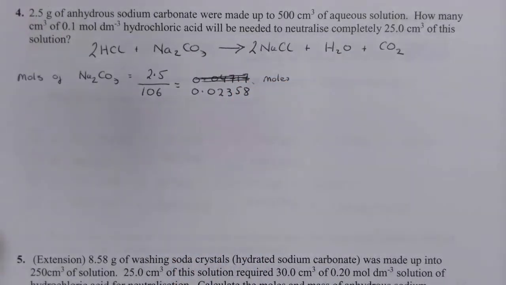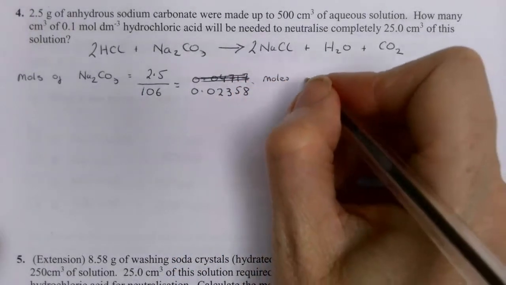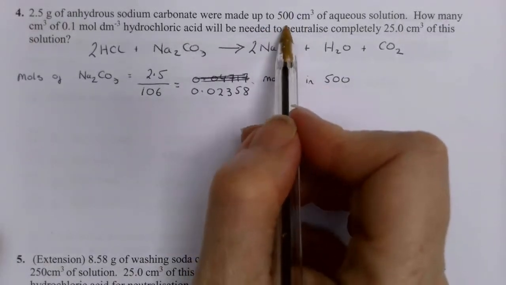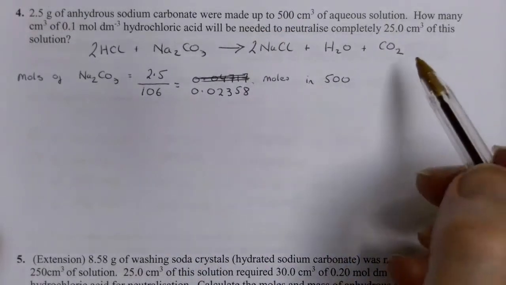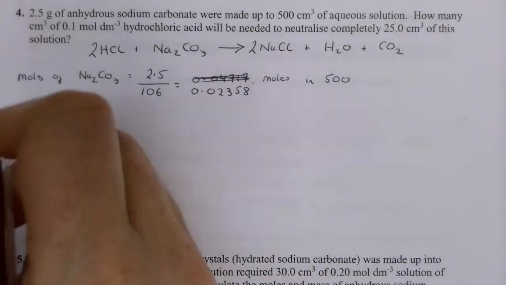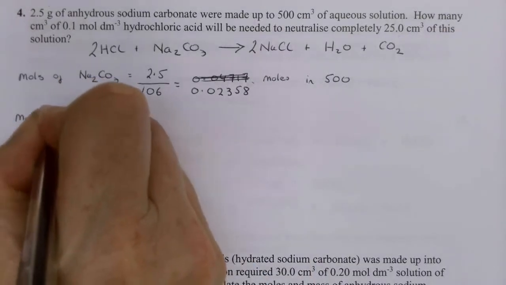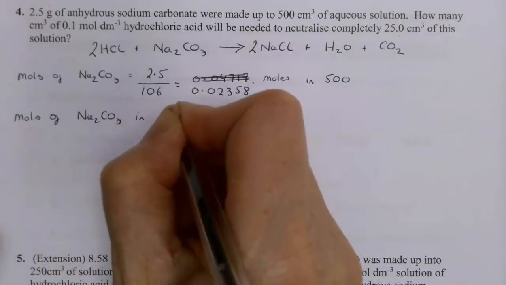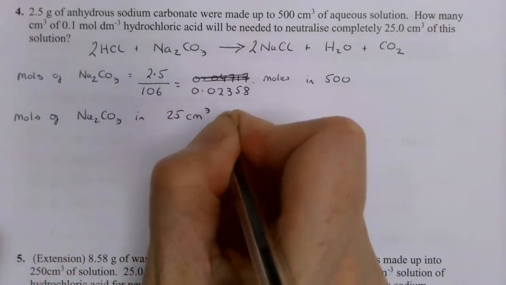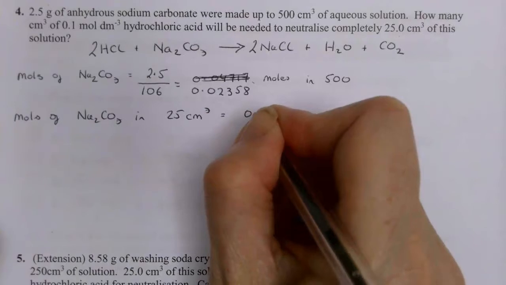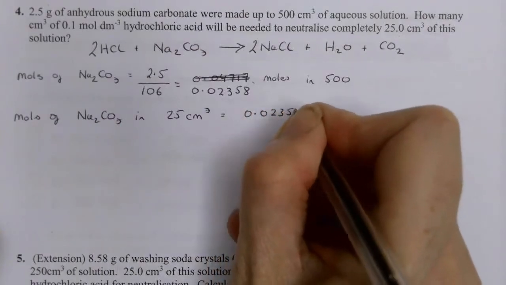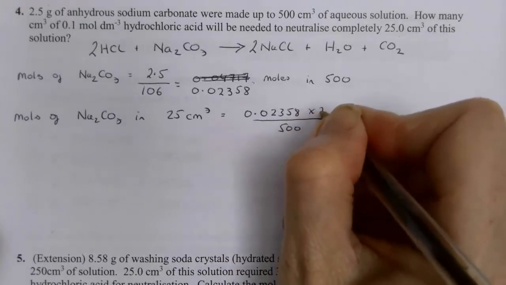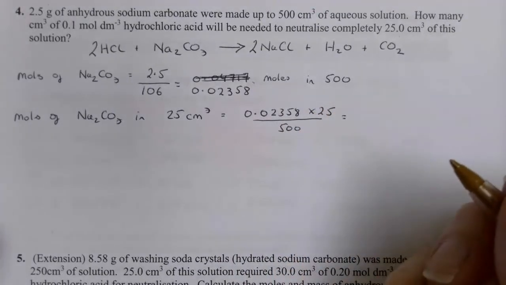0.02358 moles. But we've got to remember this is the number of moles in 500, because that's what we dissolved it up into. We want to work out the number of moles in 25. So the moles of my sodium carbonate in 25 centimeters cubed is going to be this number, 0.02358, divided by 500 and then times by 25 to scale it up.